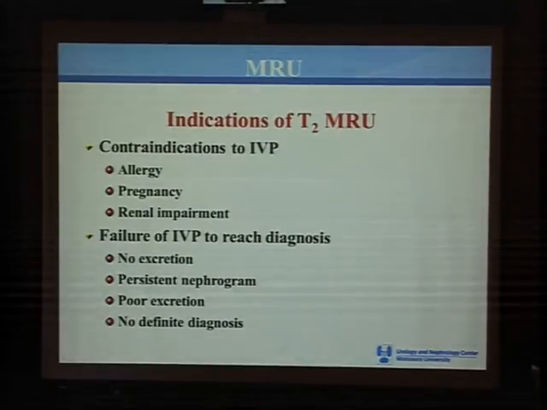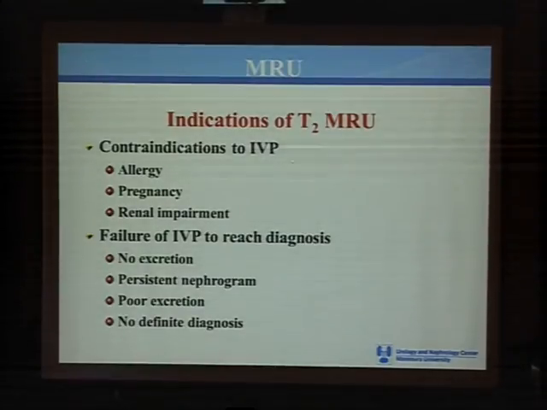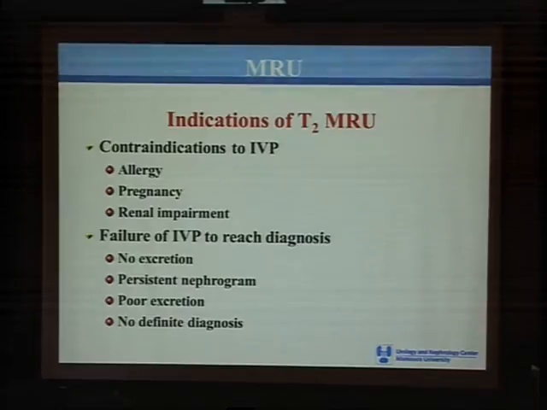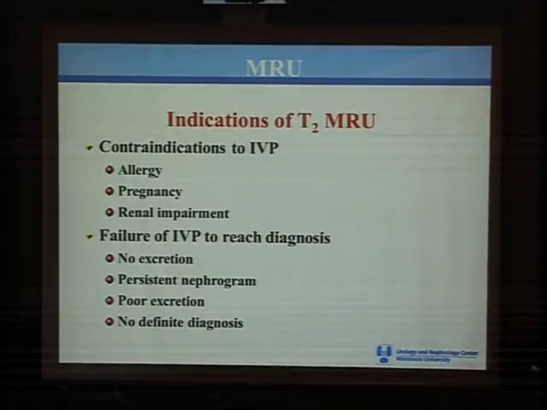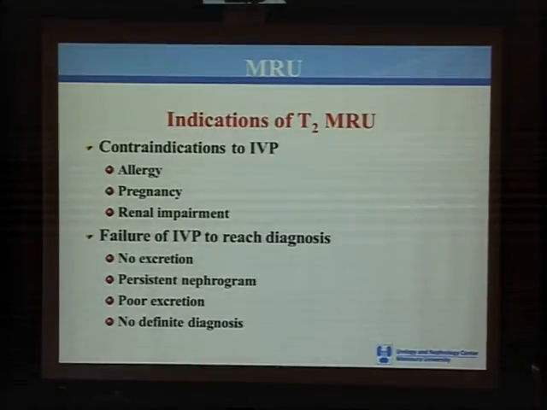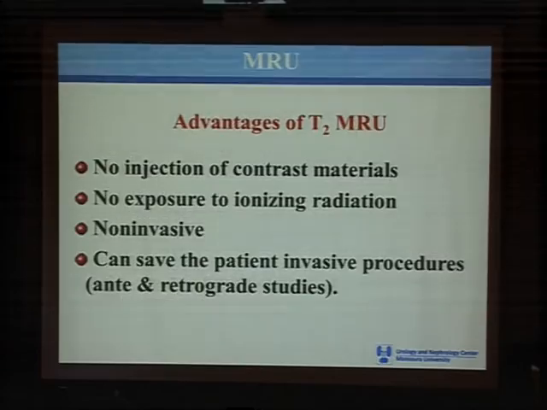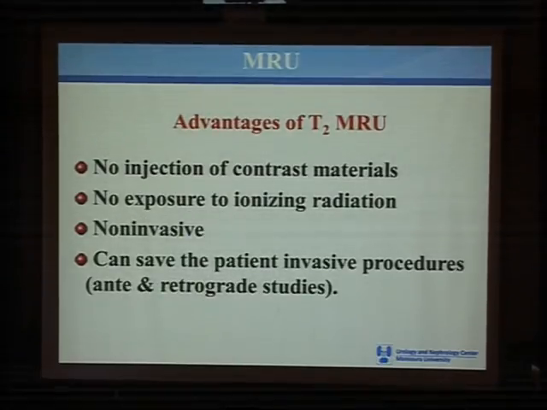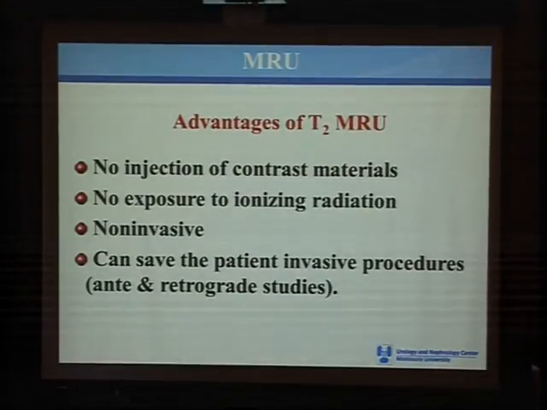So MRU is indicated if there is contraindication to IVP, where there is allergy or pregnancy or renal impairment, or failure of IVP to reach diagnosis like no excretion of dye, persistent nephrogram, poor excretion of dye, or no definite diagnosis.